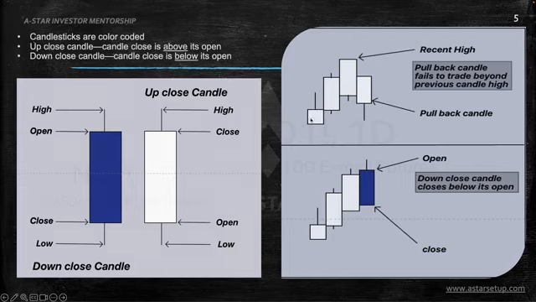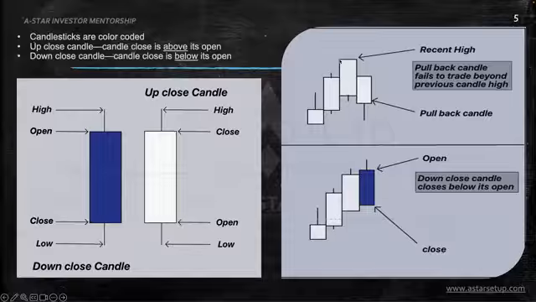So here we see the first up close candle. We know from the diagram here that the up close candle opens at the bottom and closes at the top. So here we see two on the diagram to your right. See where price opens, closes. The next candle also opens, closes higher. The next candle opens, closes higher.